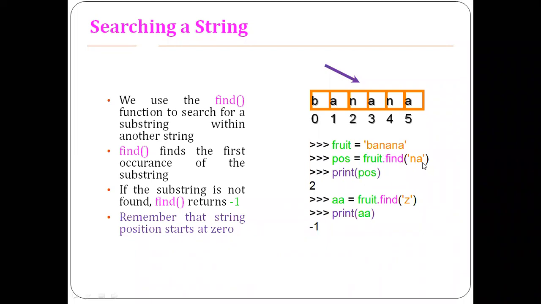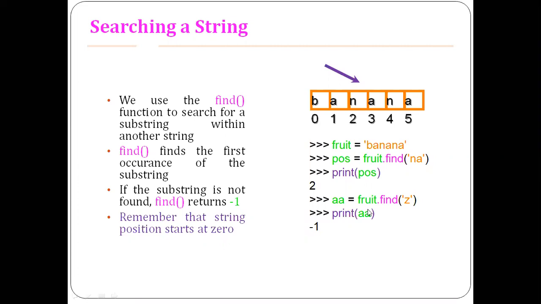In this case, na has been located here. That's why the index is 2 here, that will get returned. But there is a second occurrence of na as well, but it has not been returned, because it returns only the first occurrence of na, right?